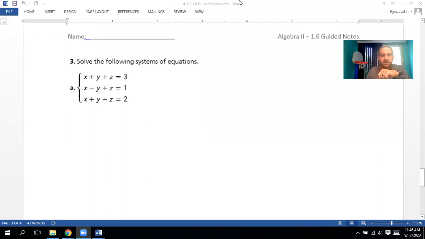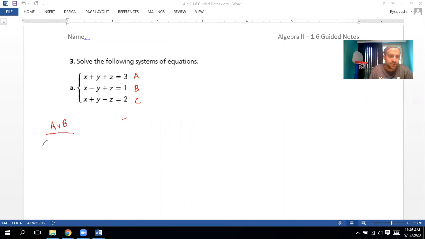Okay, so let's practice this one here. We got x plus y plus z equals 3, x minus y plus z equals 1, x plus y minus z equals 2. So A, B, and C. It doesn't matter which one you do. I just add A and B together.